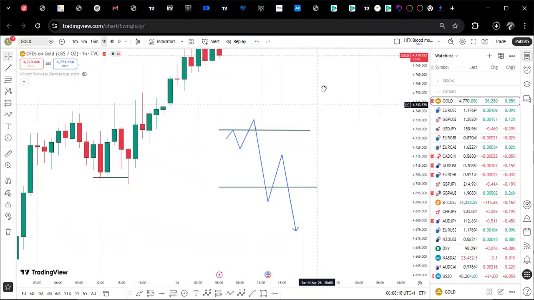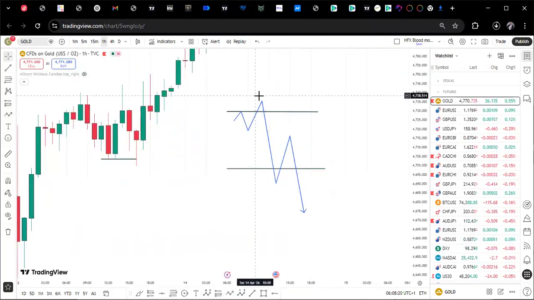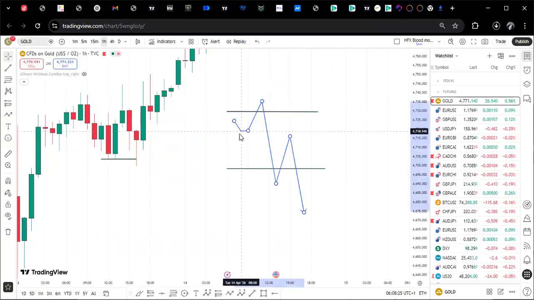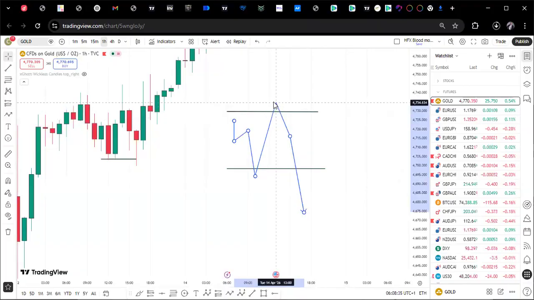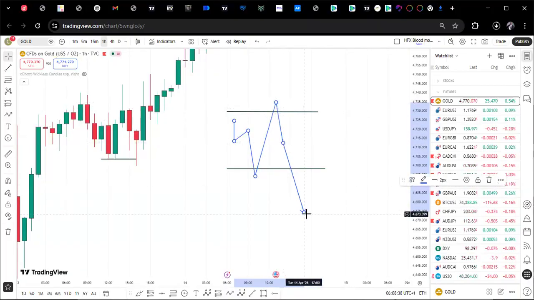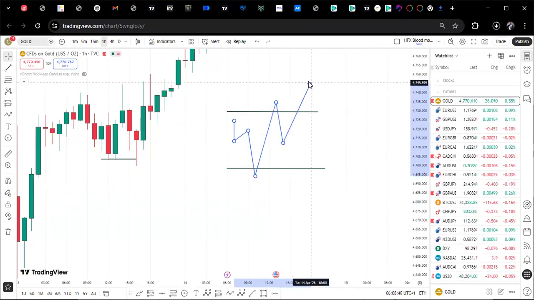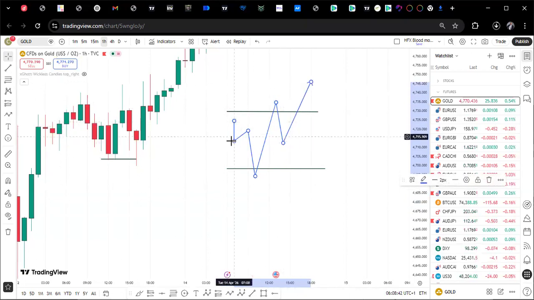But if it's a reverse, if the low is taken out first, I expect something this way.